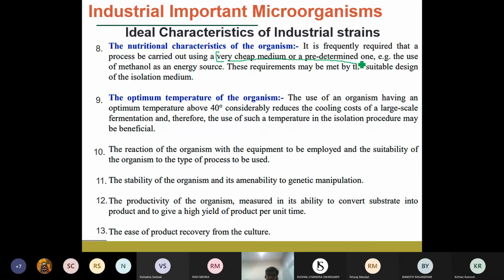For example, in the last class we talked about agricultural residues, right? Agricultural residues are one of the cheap sources of carbon that can be provided to microorganisms for production of any particular biochemical. But because they are cheap, they contain a mixture of different components.